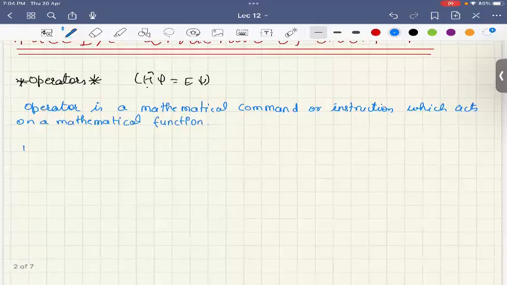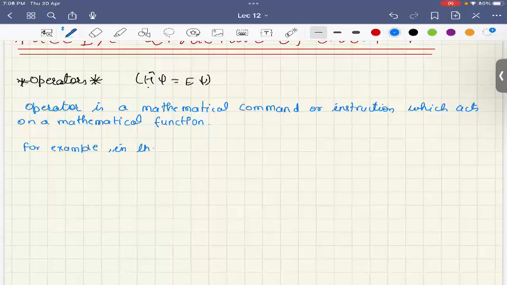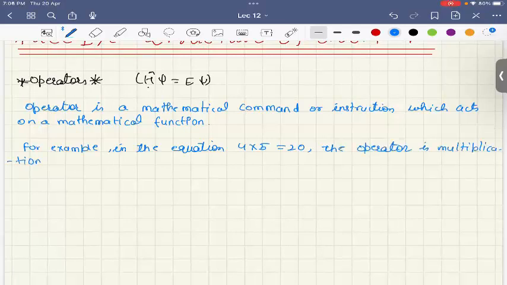For example, in the equation 4 into 5 is equal to 20, the operator is multiplication. The operator is x.